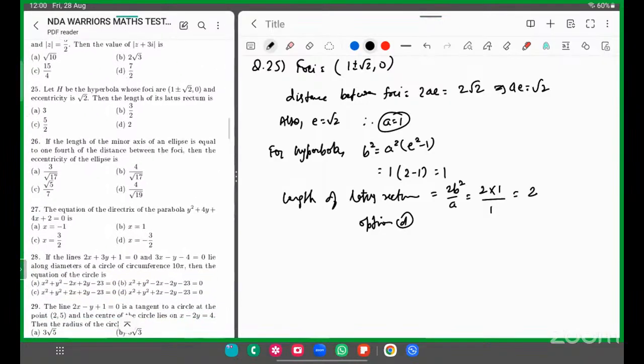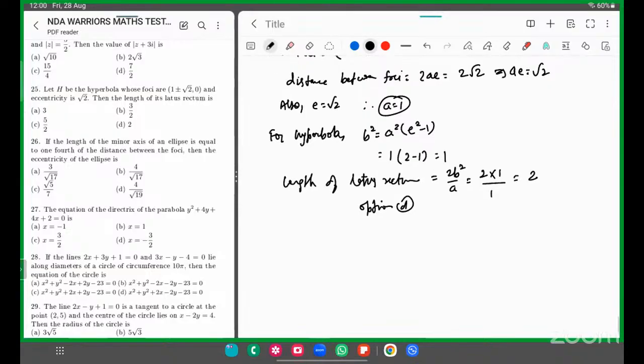If the length of the minor axis of an ellipse is equal to 1/4 of the distance between the foci, question number 26. Taking the standard ellipse, 2b is the length of the minor axis, which is equal to 1/4 of the distance between the foci, that is 2ae. This implies b equal to ae by 4.